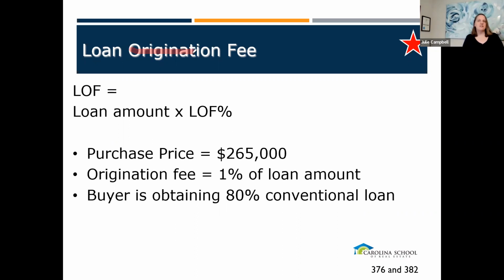The problem has to tell you the lender is charging X percent, the loan origination fee, again, of the loan amount. So it's the loan amount times the loan origination fee percentage. So again, we got our purchase price of $265. We're getting an 80% loan. Private chat. What's the charge to the buyer going to be for the loan origination fee?